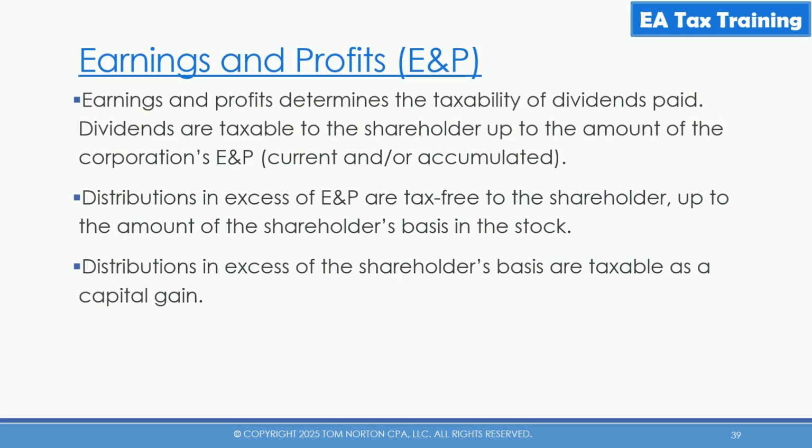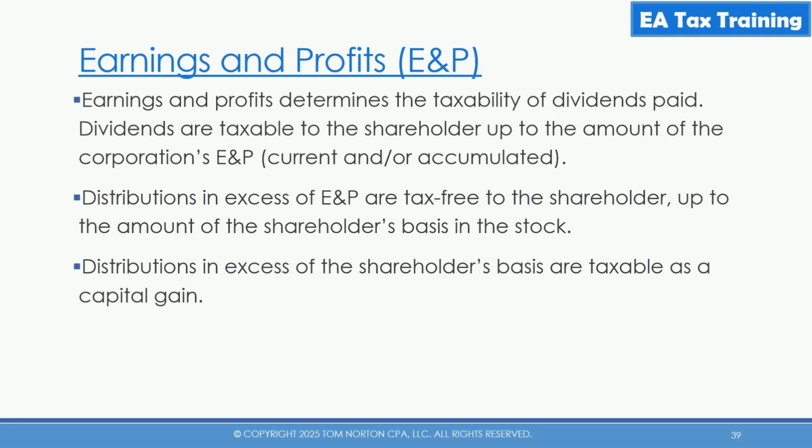So there's no gain on that. So it's the same thing here. Corporations already distributed all of their earnings and profits. Now they're distributing more. Those amounts that they are now distributing are simply a return of the shareholder's basis. And so they are not taxable up to the amount of that basis.